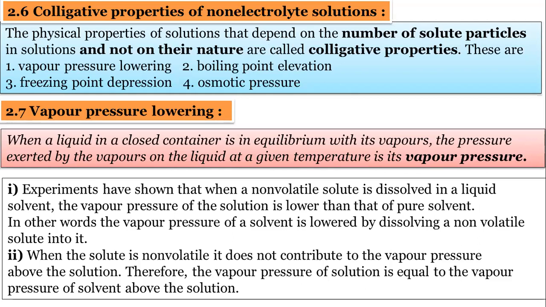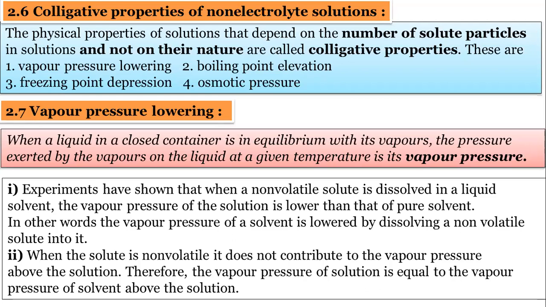There are 3 factors: nature of solute and nature of solvent, effect of temperature, and effect of pressure. Then Henry's law, then Raoult's law. Vapor pressure, a new concept, is introduced. So Raoult's law is also completed. Then there are positive deviations of Raoult's law and negative deviations of Raoult's law. And then the next part of this chapter is colligative properties.